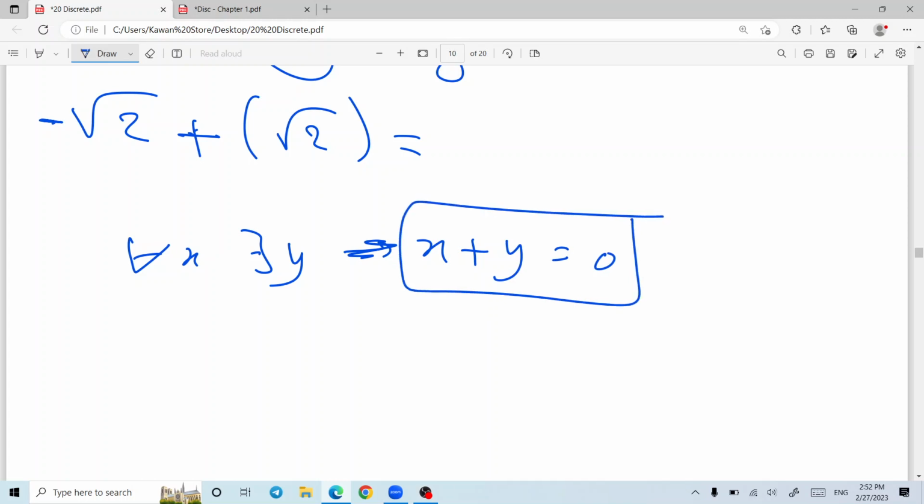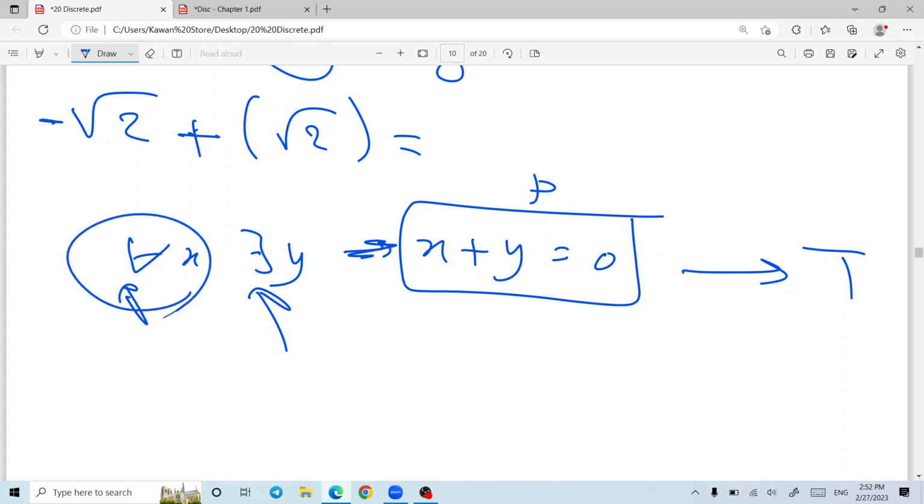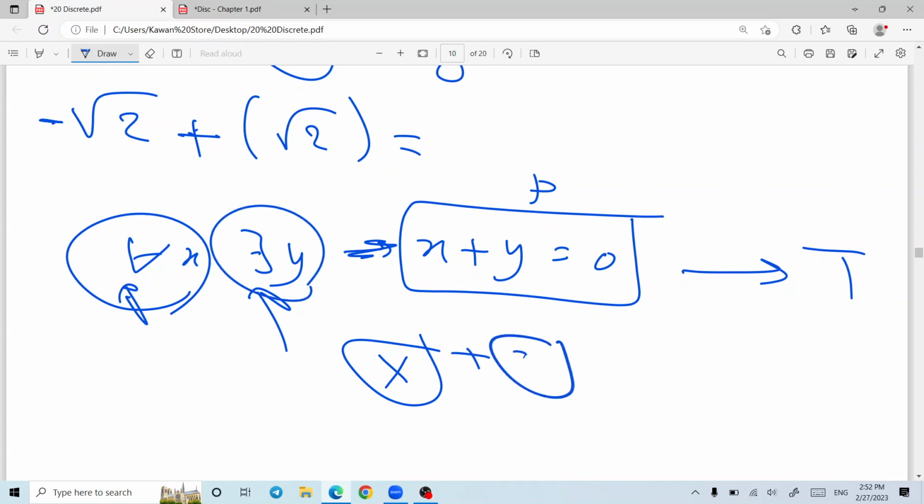This is your proposition, this is your sentence, and that one is the condition, the quantifiers. So to show you the result of true, I bring some example. I say whatever number you like, bring it here, I can find at least one number such that the sum is 0. You got it?